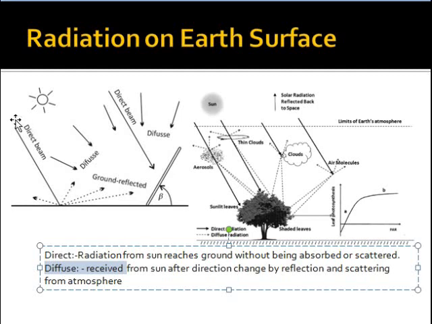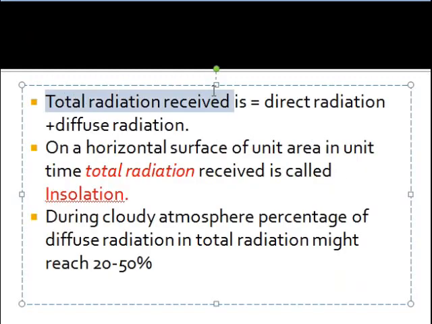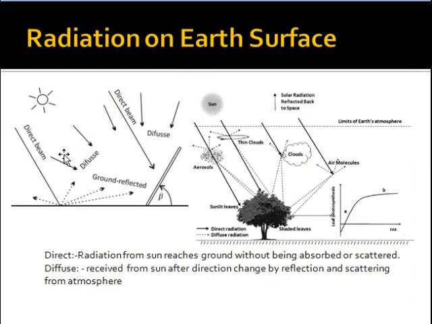Very important concept, because the energy received at the ground level on the surface of the earth is the summation of both direct radiation and diffused radiation. So you can see that total radiation received is direct radiation plus diffused radiation. Direct radiation is what I have shown here, where the light beam directly hits the surface.